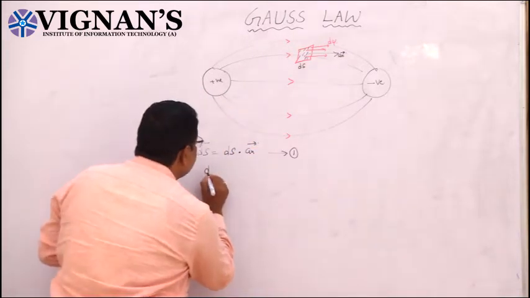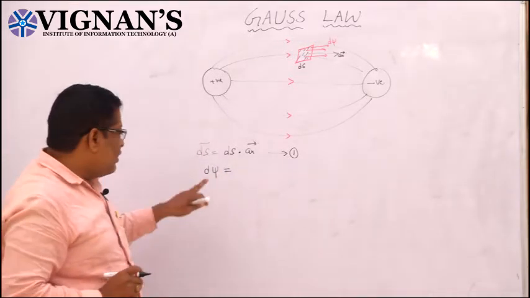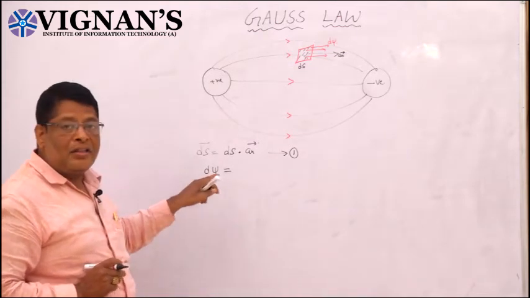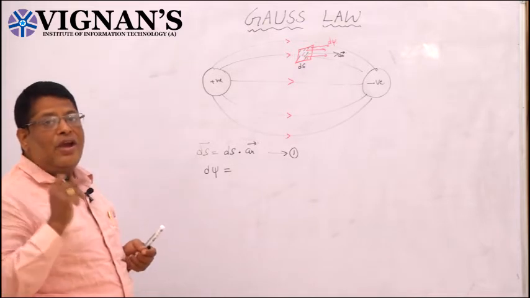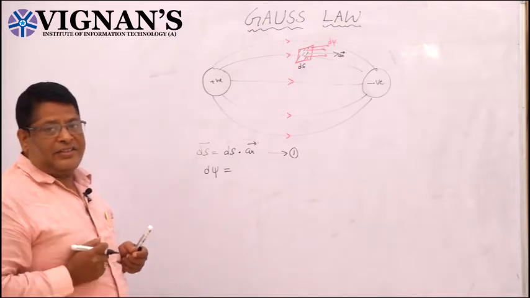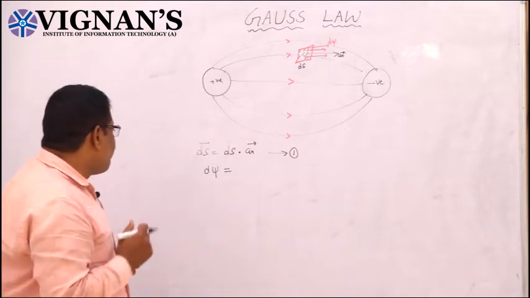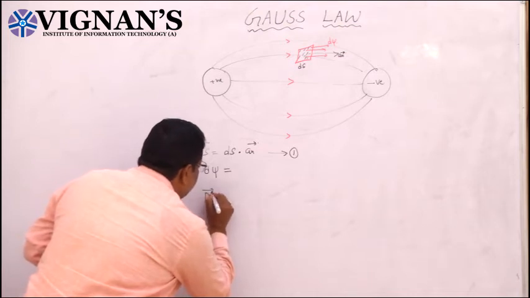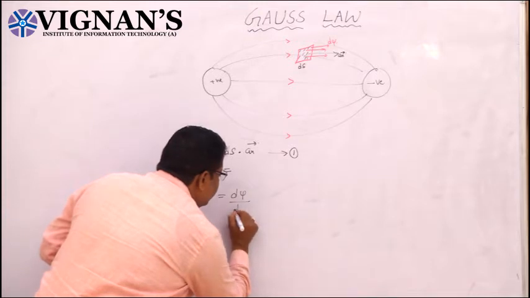The amount of flux which passes through the area dS, we have taken as d psi. d psi is the amount of flux which passes through the area where we want to find out the flux density. Now we are going to find the flux density, that is D bar equals d psi by dS.